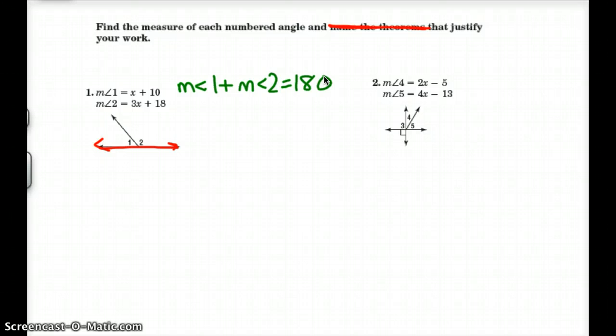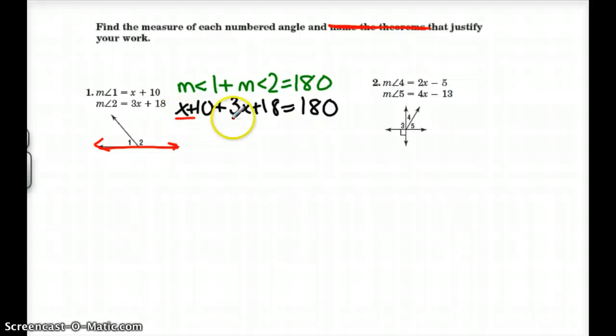Now I'm going to plug in my expressions: x plus 10 plus 3x plus 18 equals 180. Now I need to get my like terms together, get my x's together. That gives me 4x plus 28 equals 180.